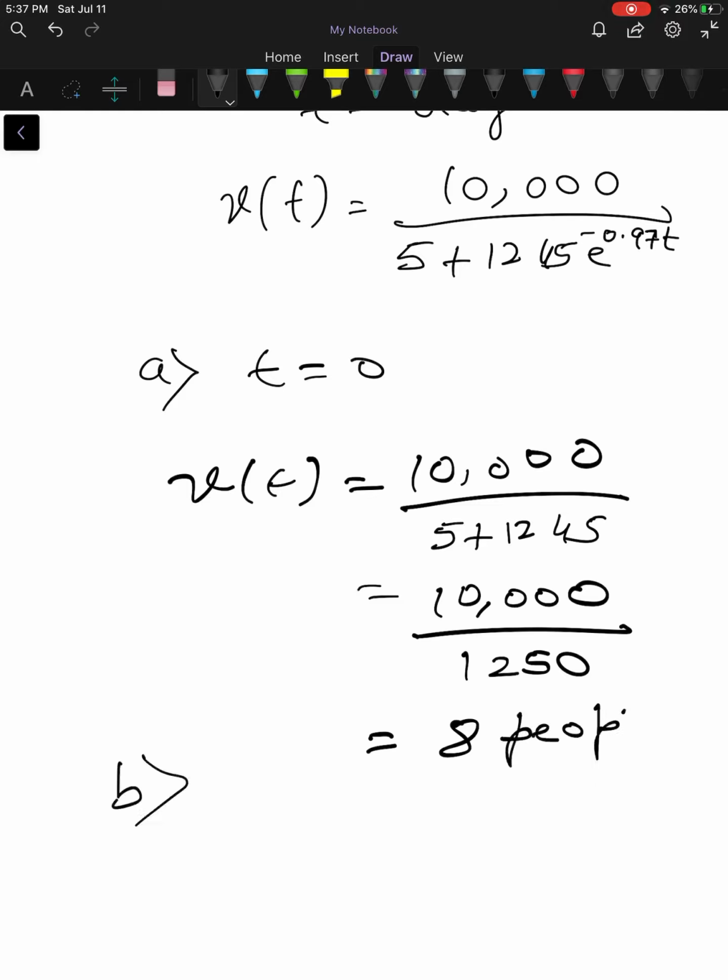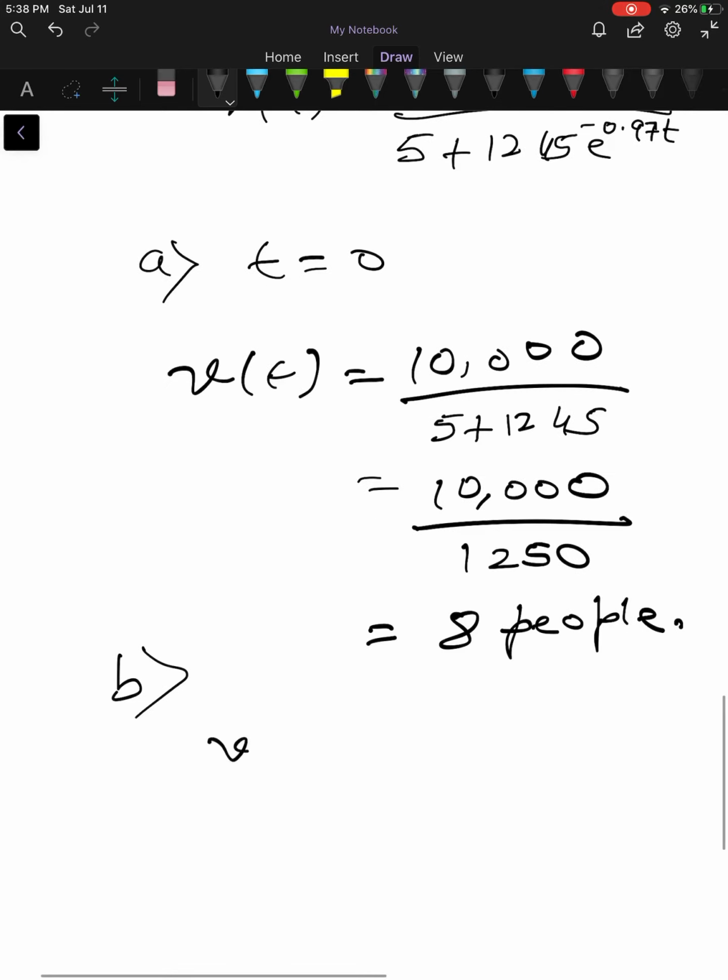The second question is to find the number of infected people after 1 day, 2 days and 5 days. How is the time given? Time is given in days.